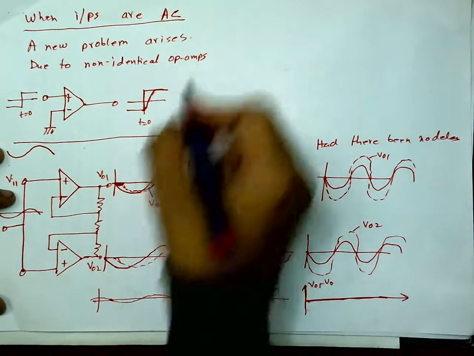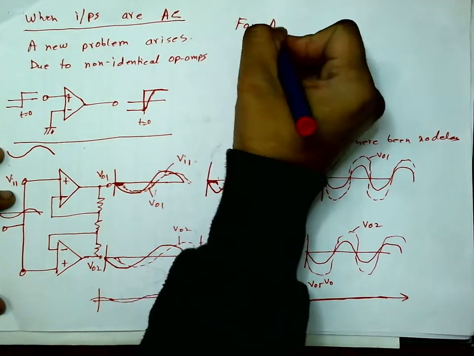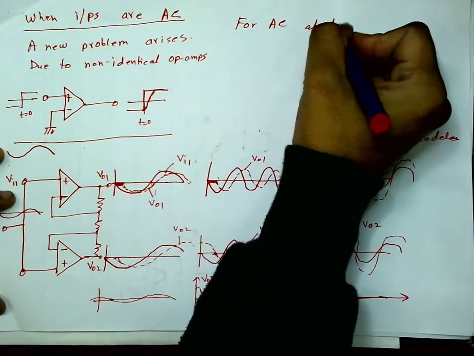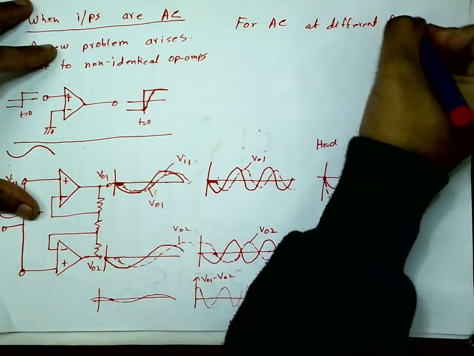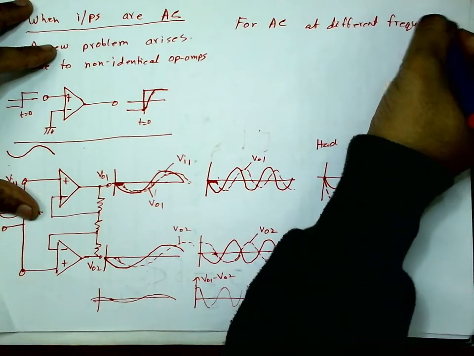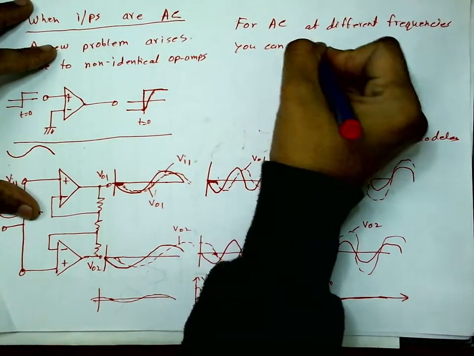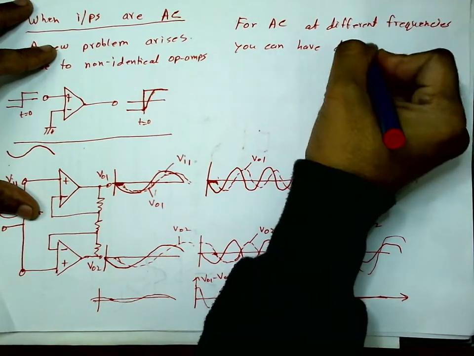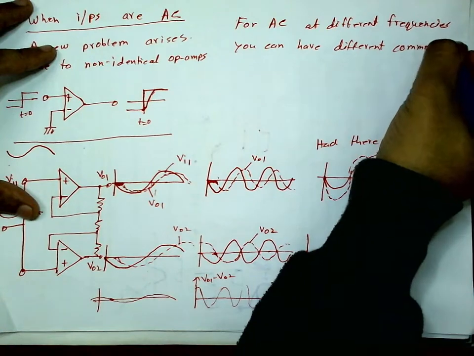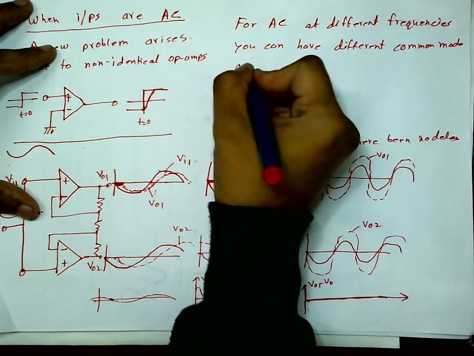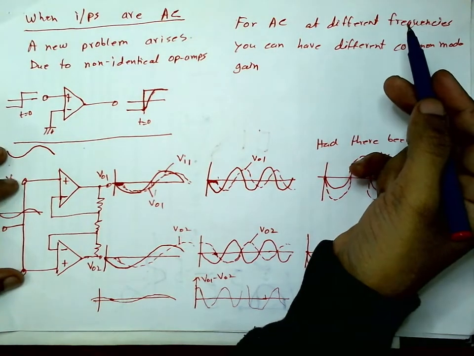And therefore, for AC, at different frequencies you can have different common mode gain. What it is actually, I mean, common mode gain should be 0.